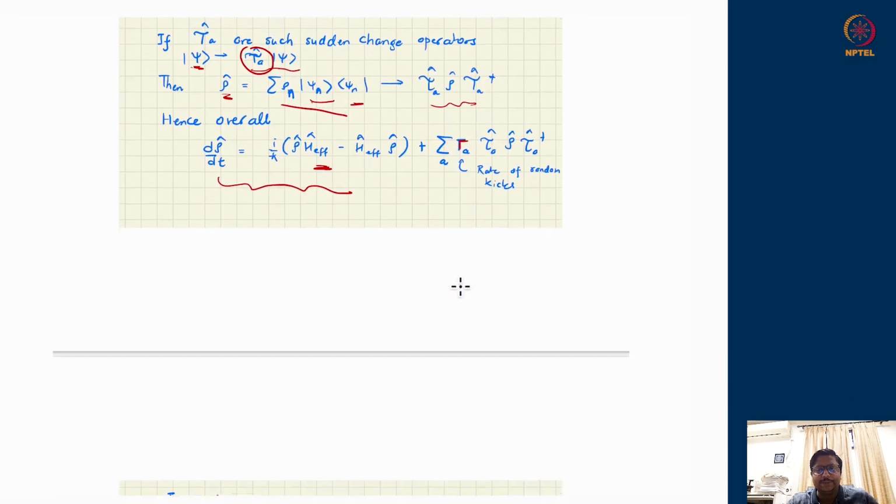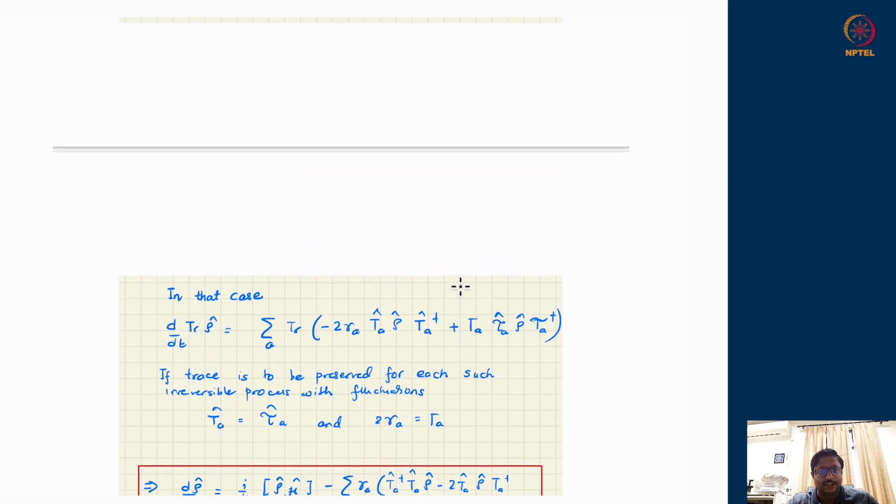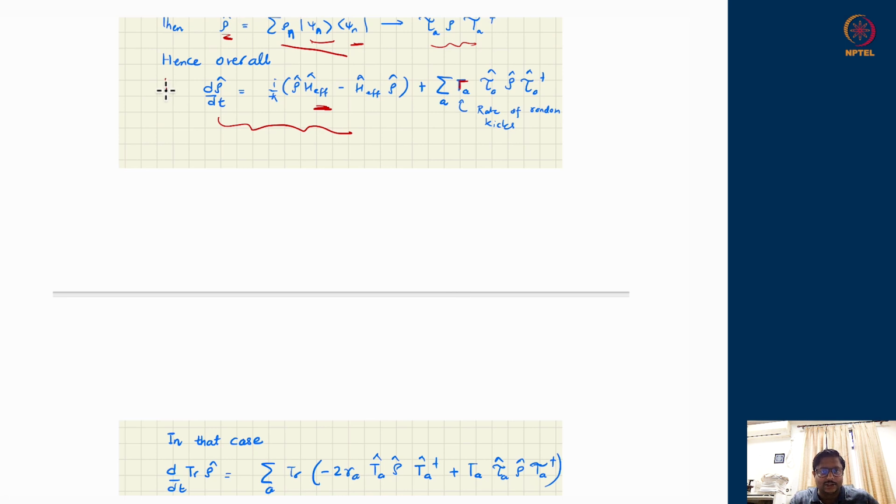Okay, so we keep going with this equation, and if I write it down, I take the trace of this equation. The trace on both sides should be looked at, and the trace of this term as well. Then what will happen in the effective Hamiltonian? Again, remember there were two terms, one coming with V and one with the Hermitian Hamiltonian H. If rho and H are put together like this, minus H rho, that was the commutator previously, remember.